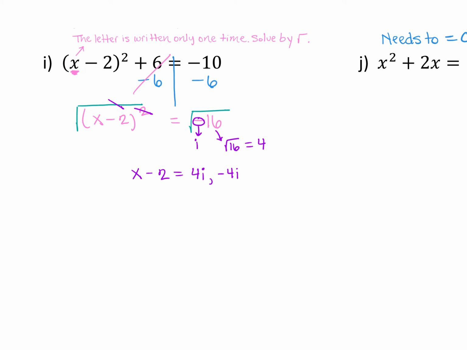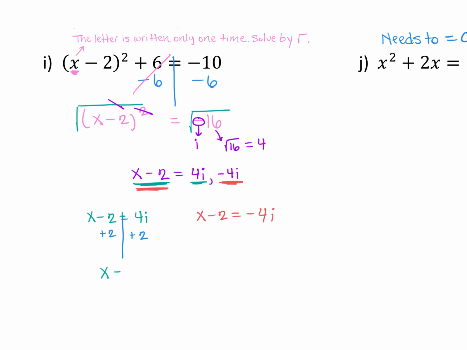And that gives us two different equations. The x minus 2 is equal to a positive 4i, but also the x minus 2 is equal to a negative 4i. When solving this green equation, add 2 to both sides.